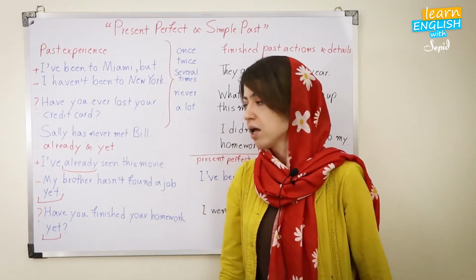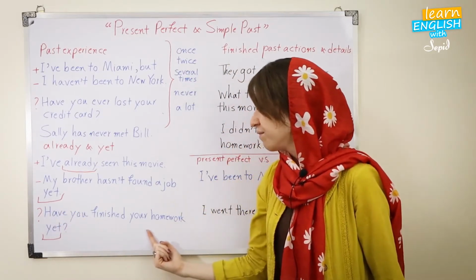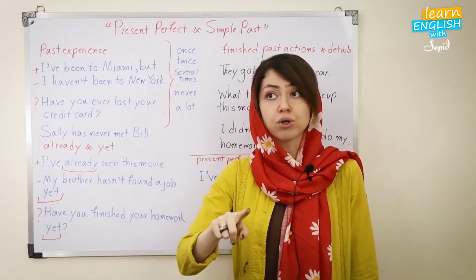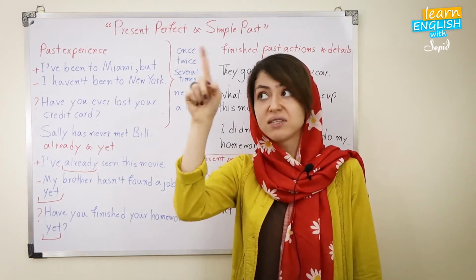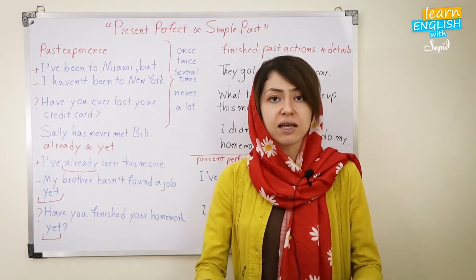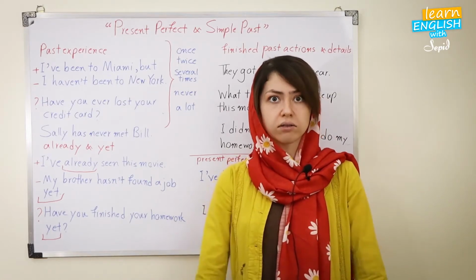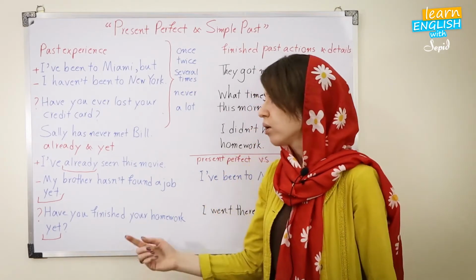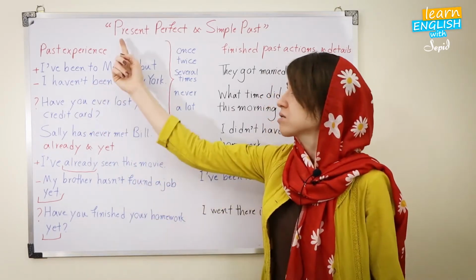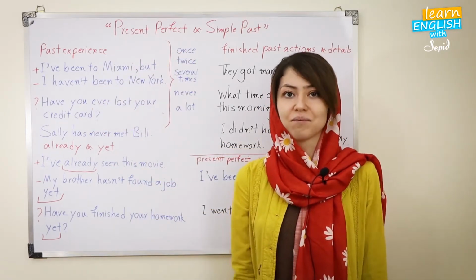He's jobless. So here, have you finished your homework yet? I expected you to have done it, but now I am asking to see the result of that. So the link between past tense and present tense is present perfect.